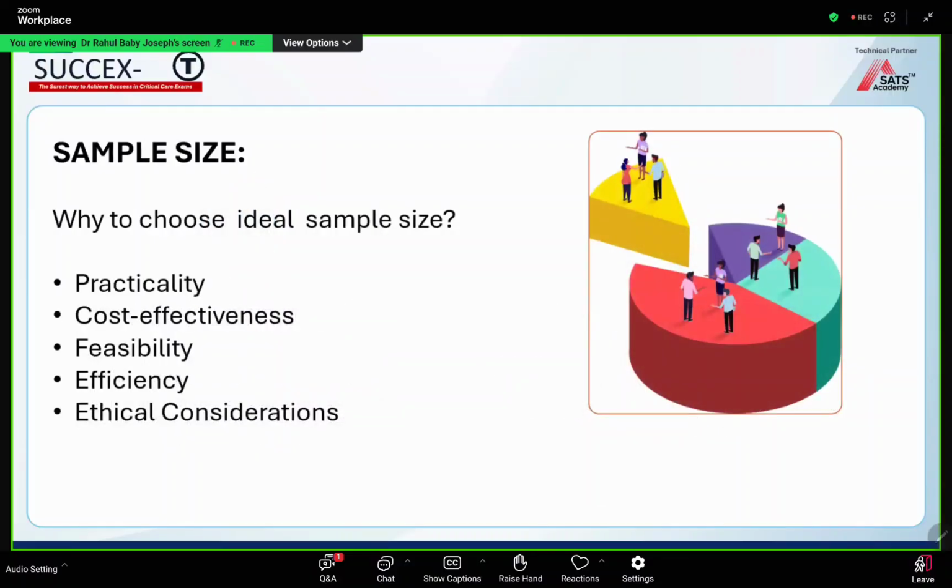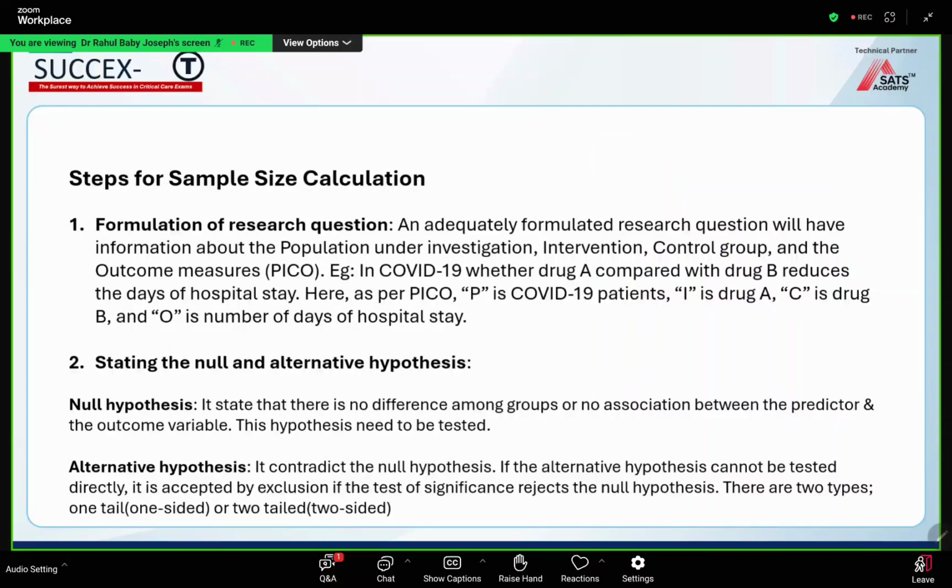So the advantage of choosing an ideal sample size is that it is more practical, cost effective, more feasible, efficient, and ethically also better. There are certain steps for sample size calculation. The first one is to formulate a research question, and you need to define the population under study.